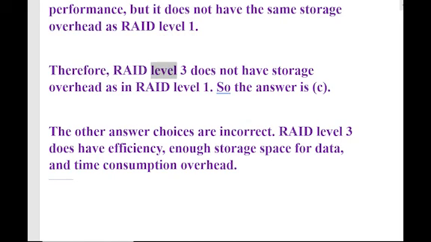Therefore, RAID level 3 does not have storage overhead as in RAID level 1. So the answer is C. The other answer choices are incorrect. RAID level 3 does have efficiency, enough storage space for data, and time consumption overhead.